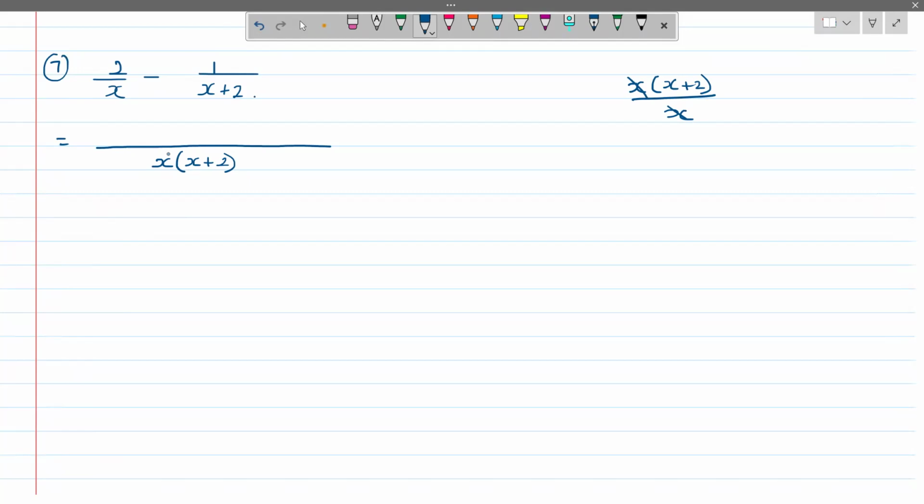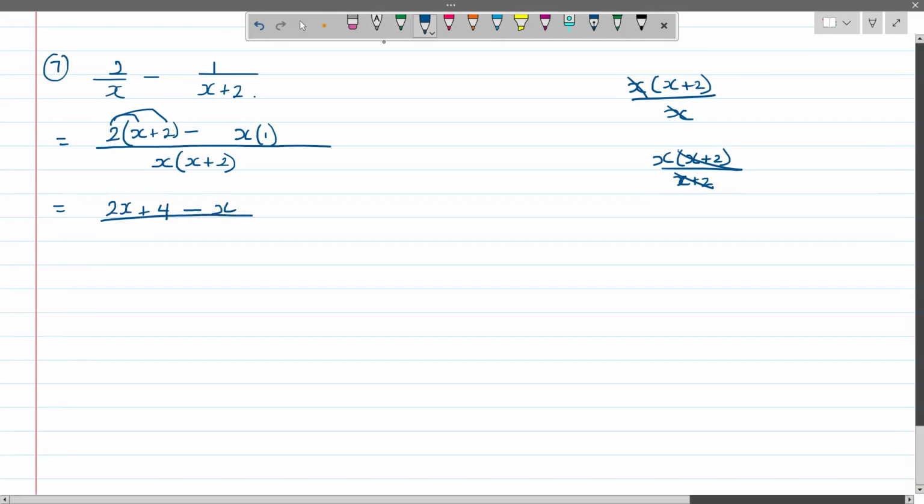So I'll get 2, this 2 here, multiplied by x plus 2 minus, if I divide my denominator again, x into x plus 2 by x plus 2, then these will cancel and I'll remain with x. I'll get 1 by x. So my answer on top here now is going to be 2 by x, 2 by 2, that's 2x plus 4 minus x by 1 will give me x all over x into x plus 2.